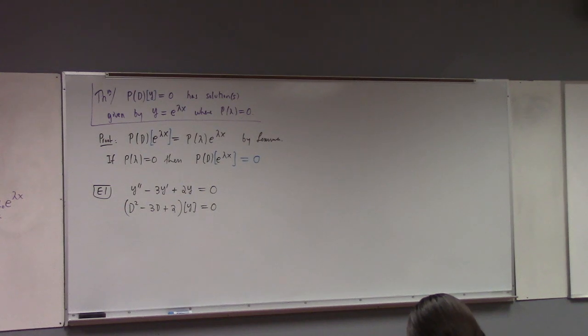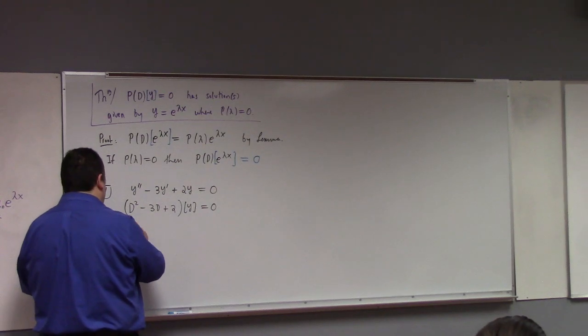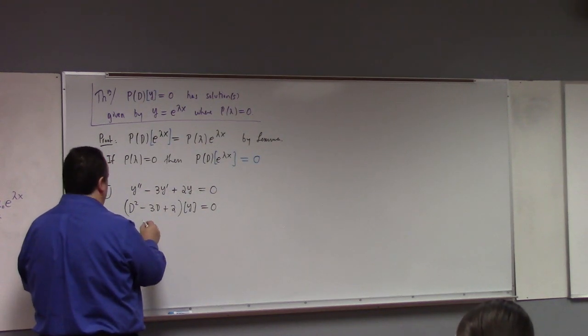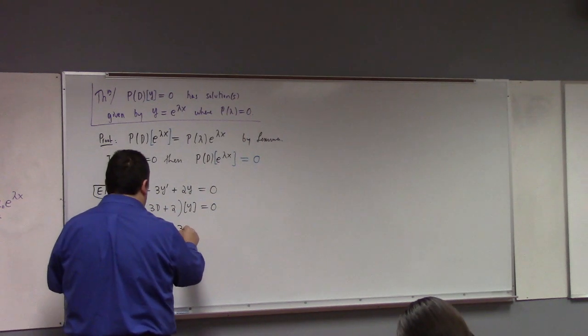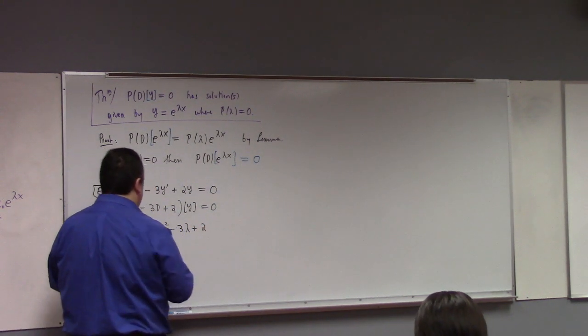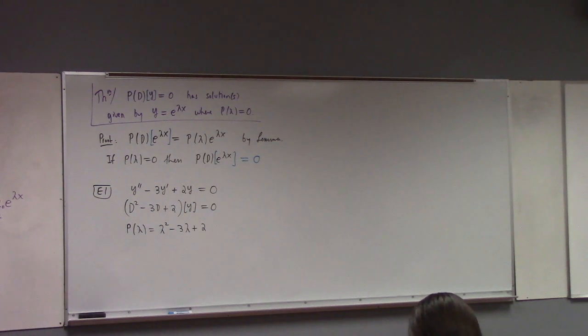So you could say P of lambda is lambda squared minus 3 lambda plus 2. Agree? All right, factor it.